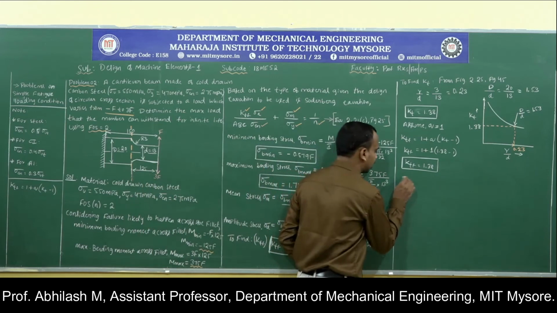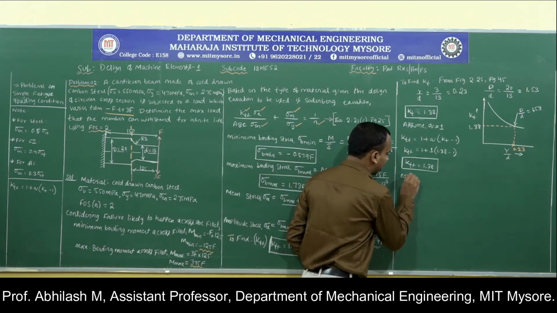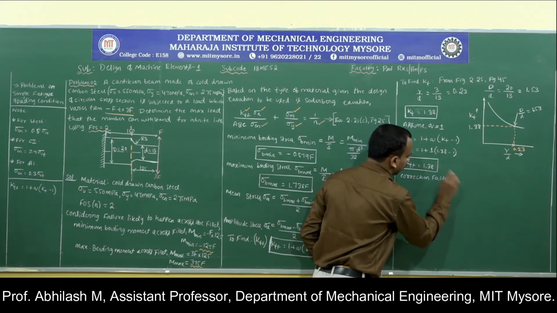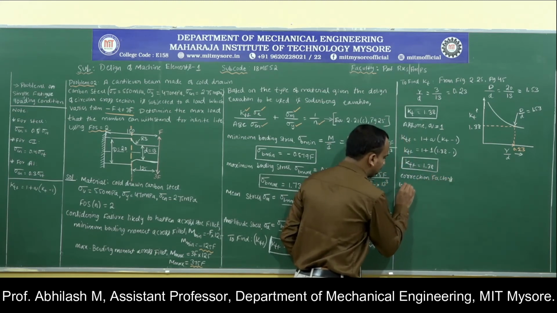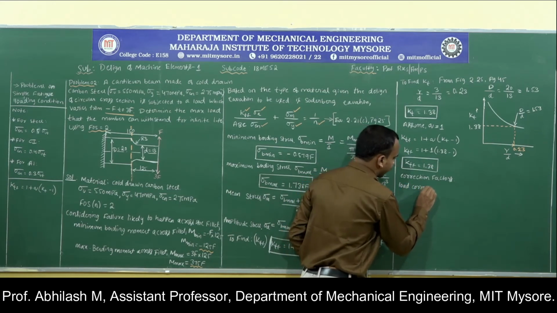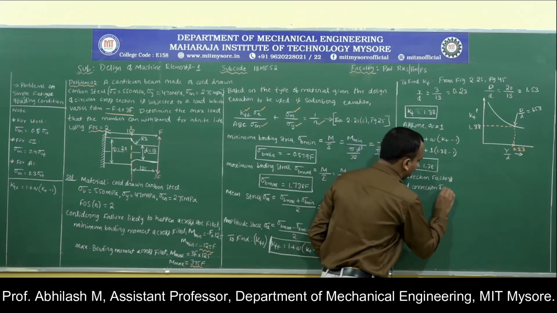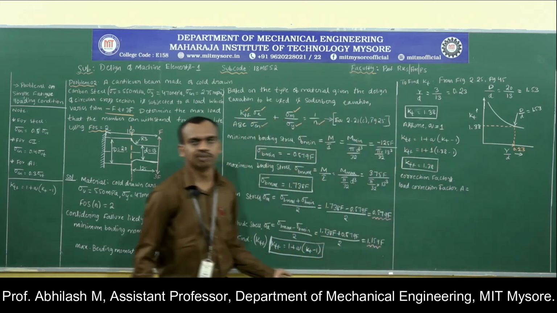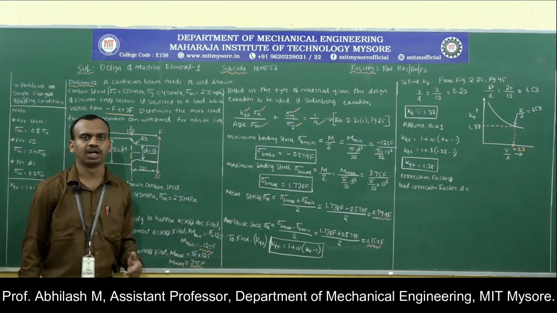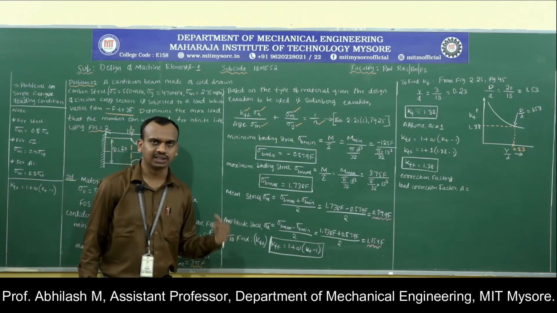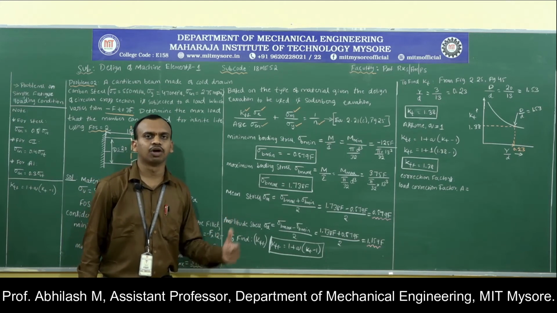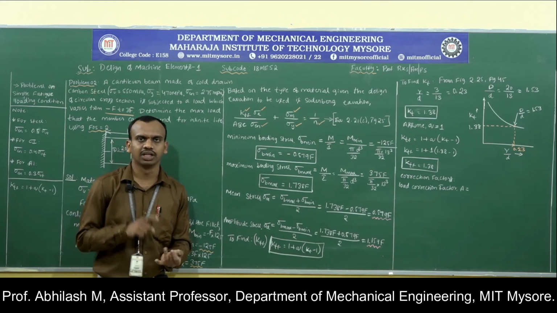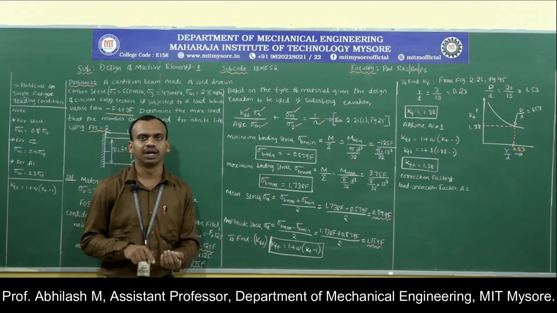So, the correction factors. The load correction factor, first one, that is A. If you go to page number 25, there we are going to obtain the values for A, B and C. Here A depends upon the type of load that is acting on the member, whether it is an axial load, a torsional load, or a bending load.